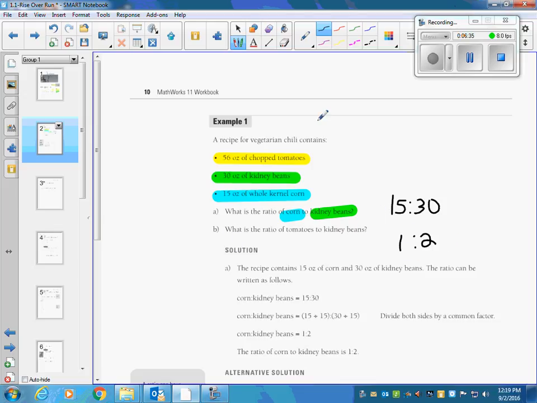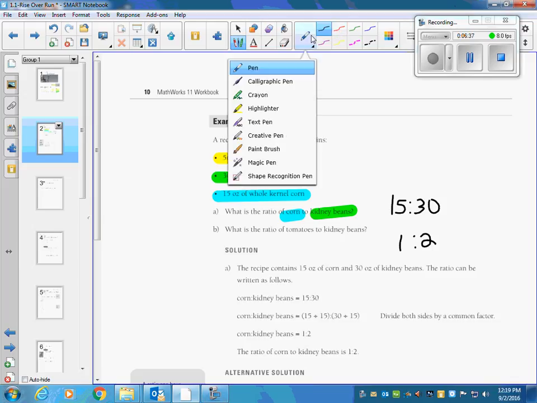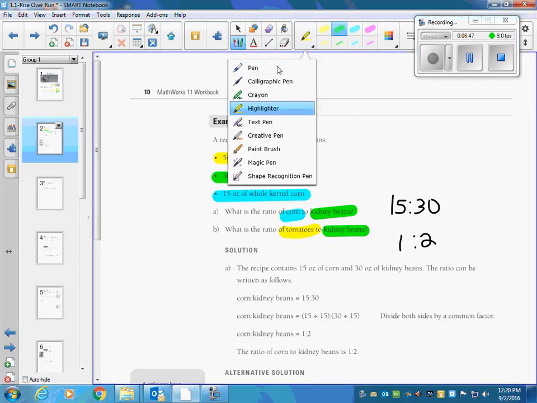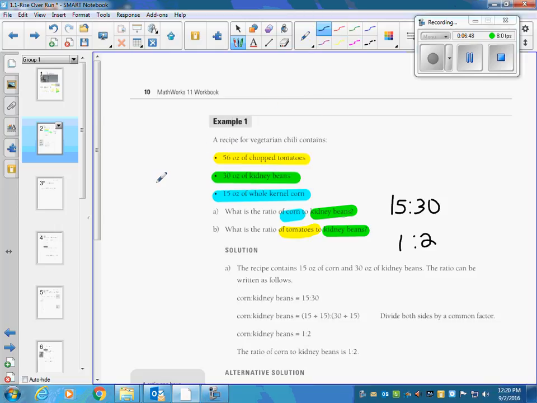Let's look at B. What's the ratio of tomatoes to kidney beans? Okay, well, tomatoes were 56. Kidney beans is 30. So I'm going to look at a common factor that might fall into here.